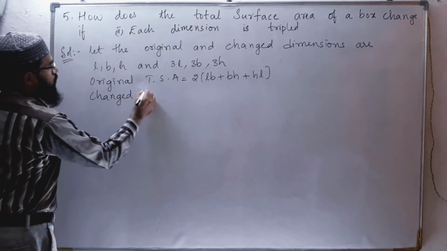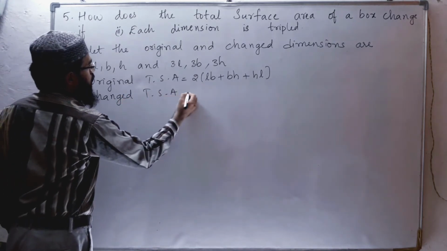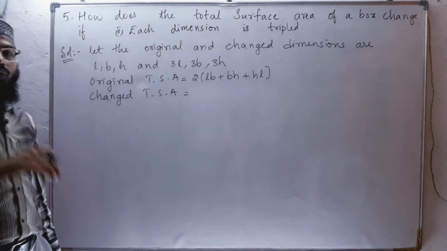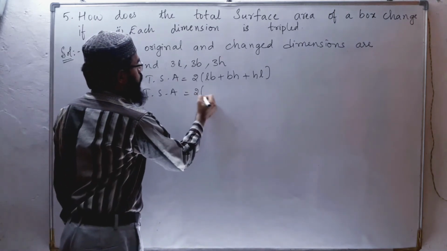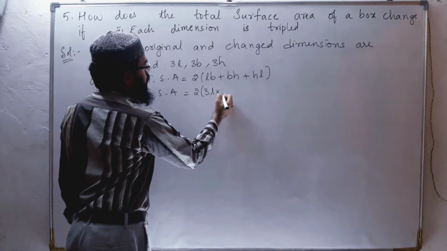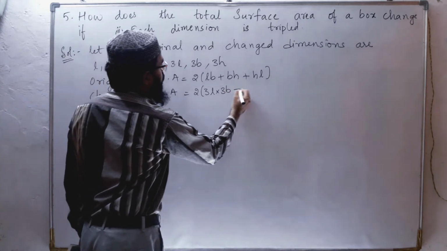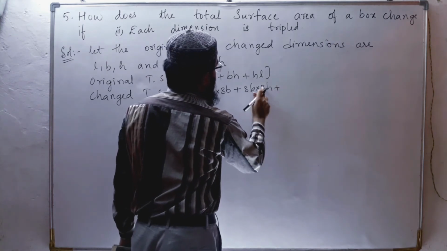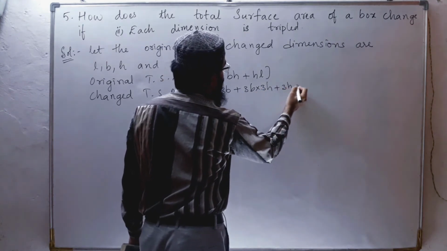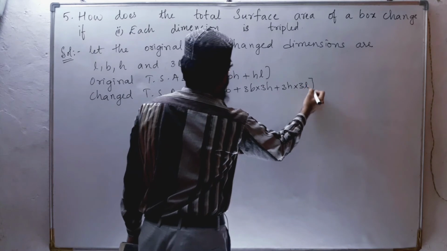Changed total surface area is equal to, so now we are going to substitute 3L in place of L. So 2 into (3L into 3B plus 3B into 3H plus 3H into 3L).